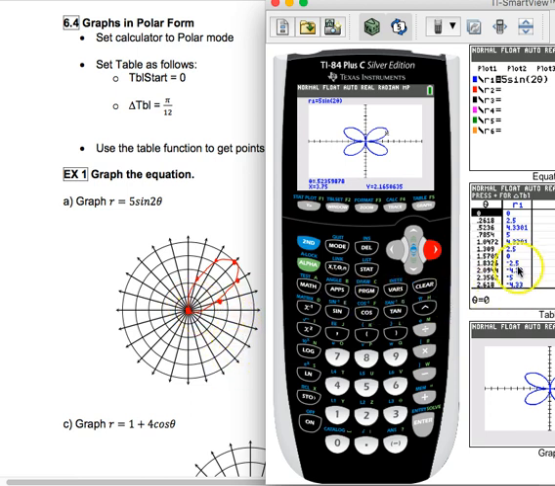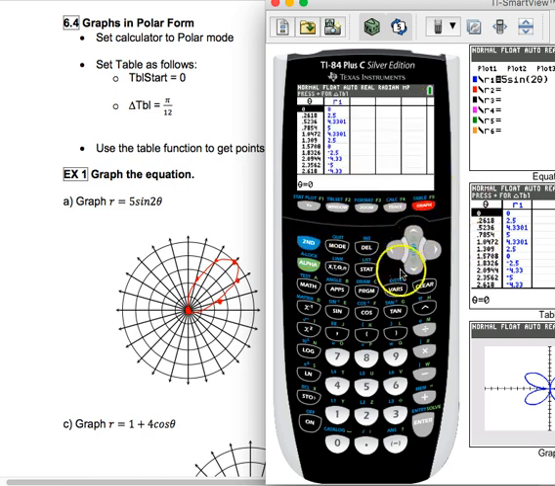But notice that all the values are the same because we've got that kind of symmetry going on there. So if I go back and I scroll down, you can see, okay, well, my next value, I get a negative radius. We talked about how to plot those. So the next ones that I would really be plotting are these ones.